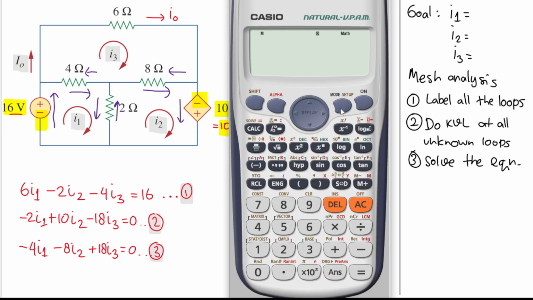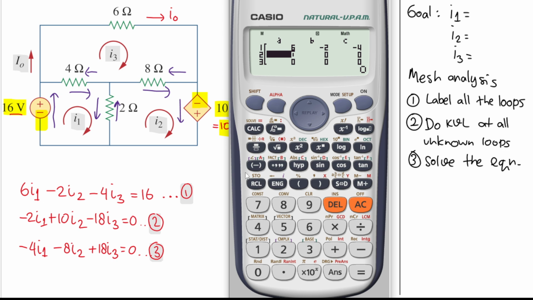So let's set this up as the equation solver. So this button here and number 5. And so we will have 3 equations with 3 variables, that is number 2. And what we need to do is just plug in the coefficients of these equations. So we will have 6, minus 2, and then minus 4, and then 16.